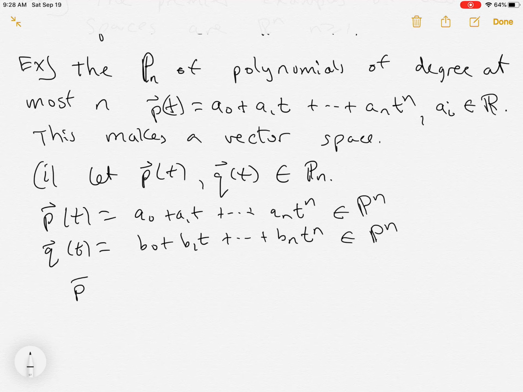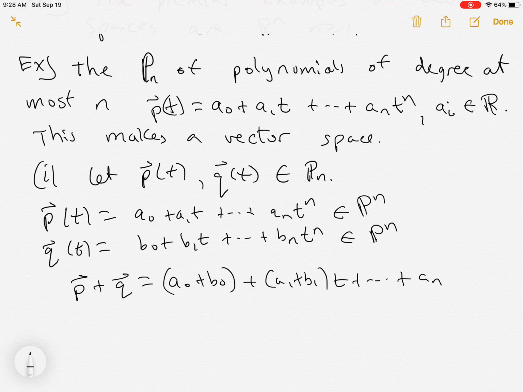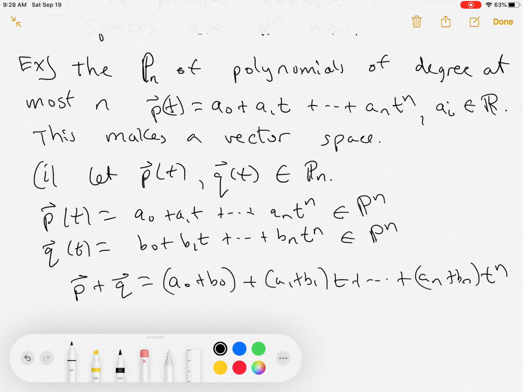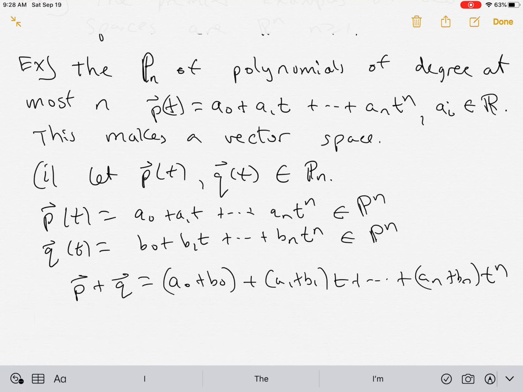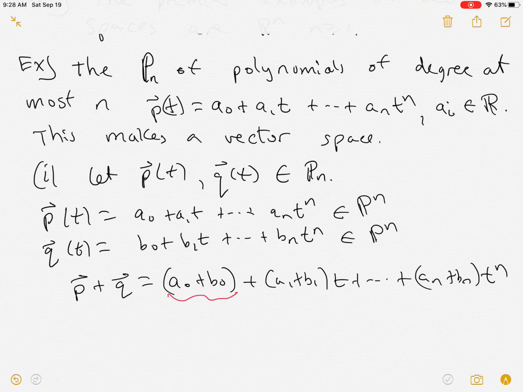And if you take p plus q, you get (a0 plus b0) plus (a1 plus b1) t plus dot dot dot (a_n plus b_n) t to the n. And so, this is a real number because reals are closed under addition.